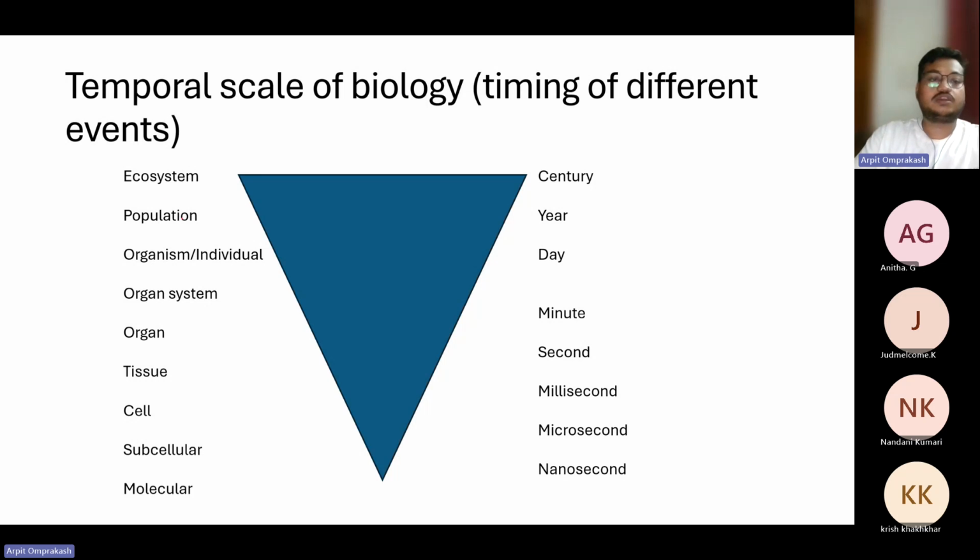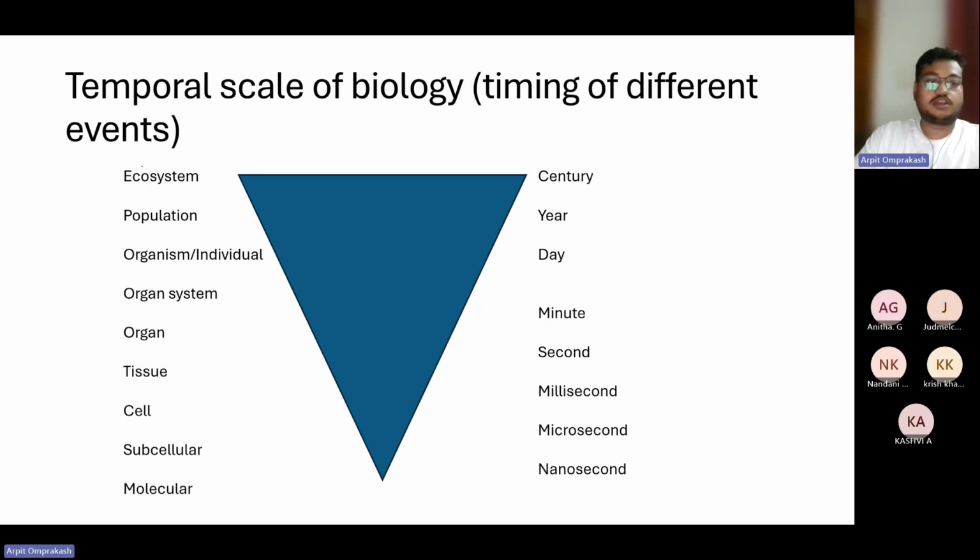Here again, we move from large-scale changes, such as changes at the level of an ecosystem or population, which might happen over the course of a year. A population size might decline or increase over the years, or there might be changes in the ecosystem which might happen over centuries. For example, the community of a place changing might take more than a century to happen.